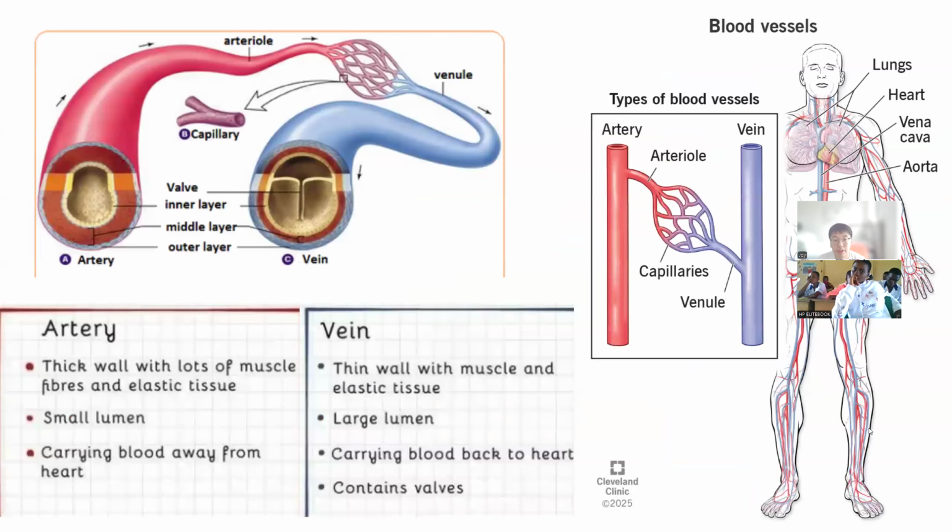We've talked about differences between arteries and veins, and we've also talked about capillaries, where oxygen and nutrient exchange occurs.